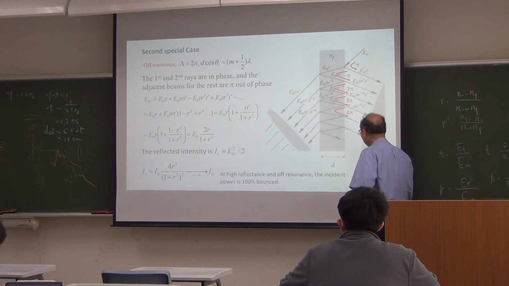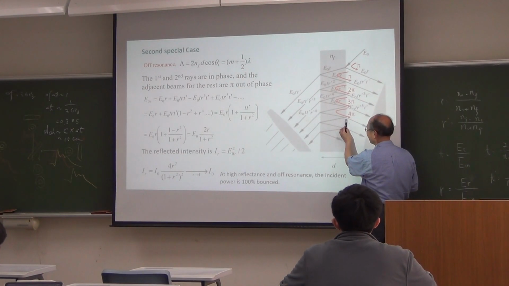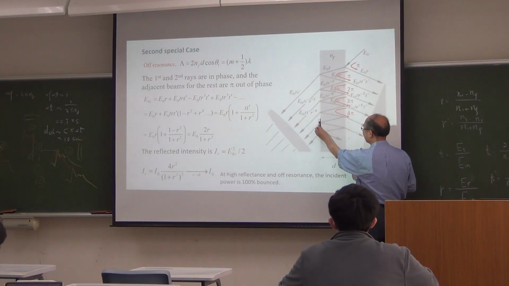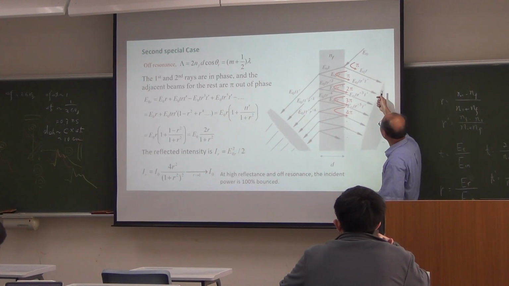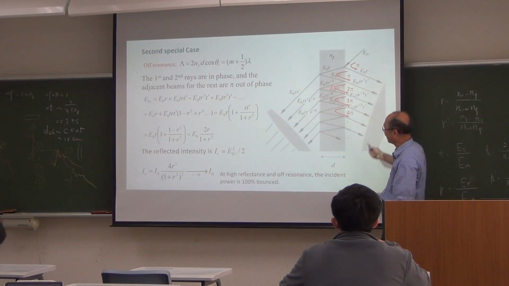Okay, so imagine that you have nearly 100% reflection here, nearly 100% reflection here, and then this is off resonance. Then whatever you throw into this will be reflected back.